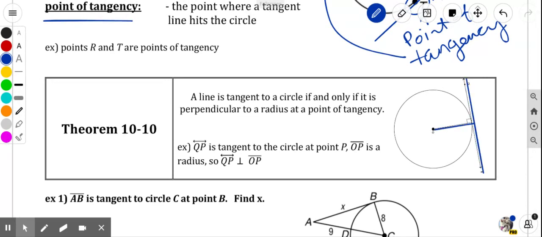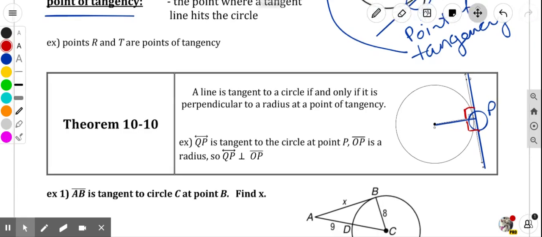Notice the radius and the tangent intersect at P, which is the point of tangency, so the radius is perpendicular. You can mark some right angles here. That will happen every time you have a tangent line intersecting a radius at the point of tangency.